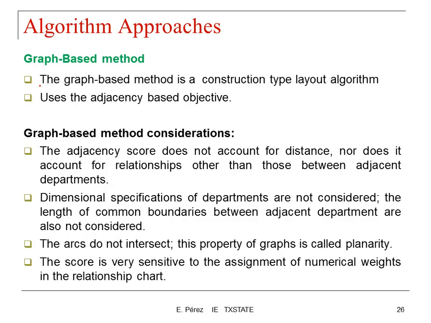The score does not account for distance, nor does it account for relationships other than those between adjacent departments. Dimensional specifications of departments are not considered. The length of the common boundaries between adjacent departments are not considered. The arcs must not intersect; this property of the graph is called planarity. And the score is very sensitive to the assignment of numerical weights in the relationship chart.